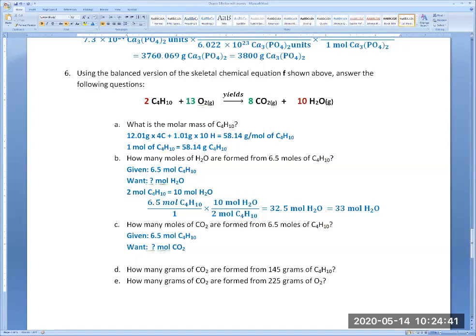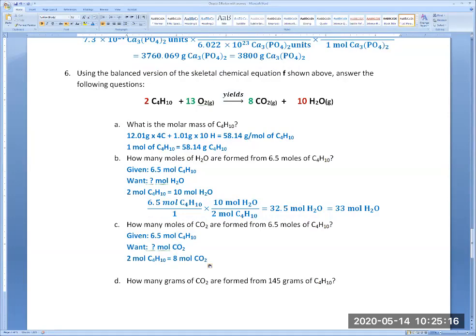And here we have moles of C4H10, and the chemical equation tells you that 2 moles of C4H10 react to make, and this time, 8 moles of CO2.